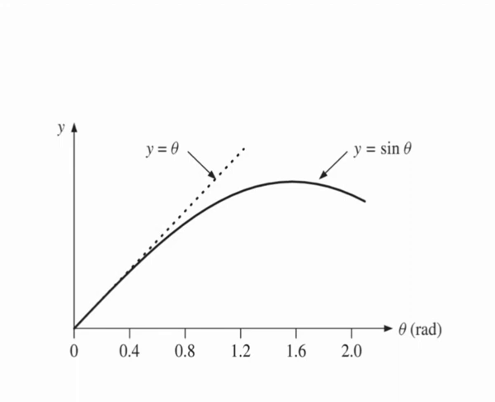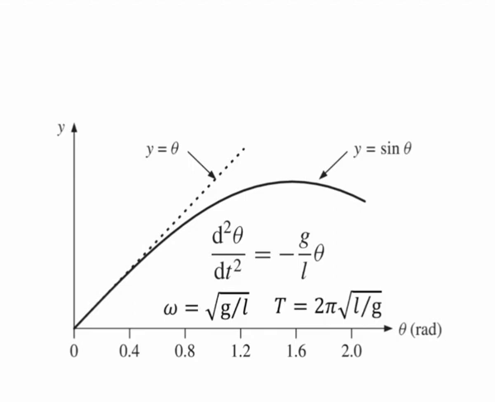Thus, for small values of theta, we need to retain only the first term in the expression in equation A and replace sine theta with theta to give d square theta upon dt square is equal to minus g upon L into theta.